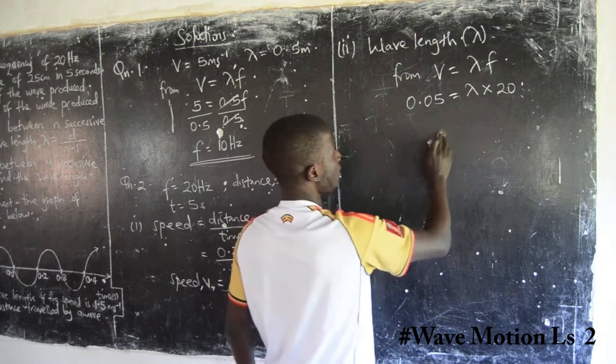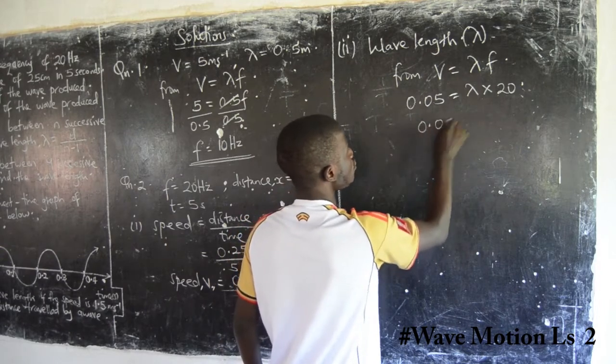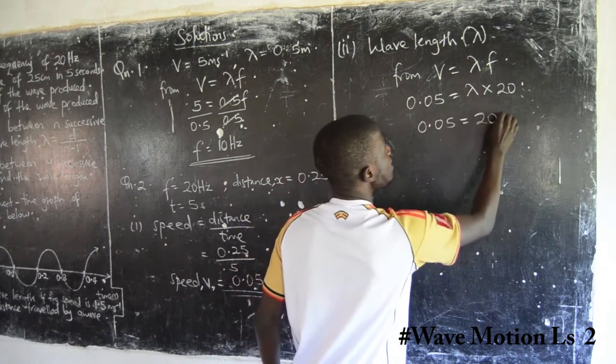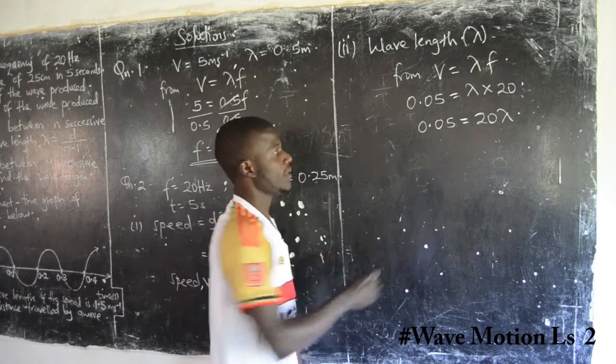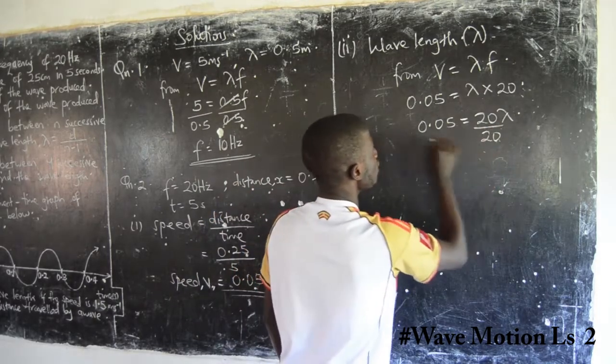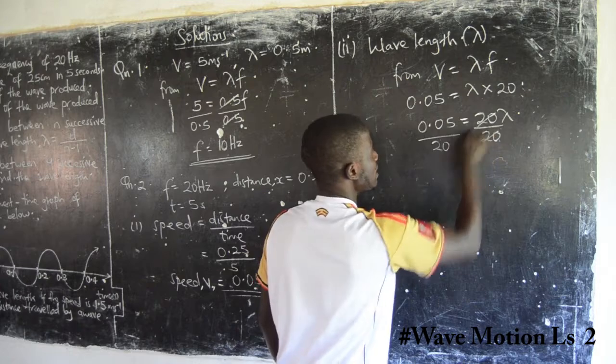This means 0.05 is equal to 20 times wavelength, lambda. So you divide by 20.